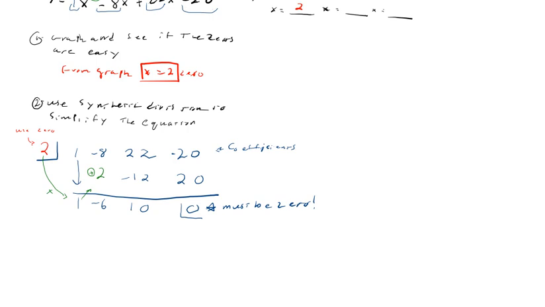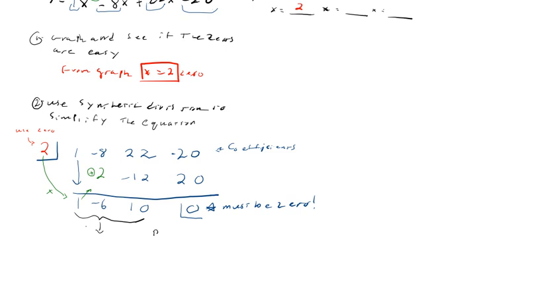Put back the x's. I don't know why this is being so slow. Put back the x's and create your squared equation.